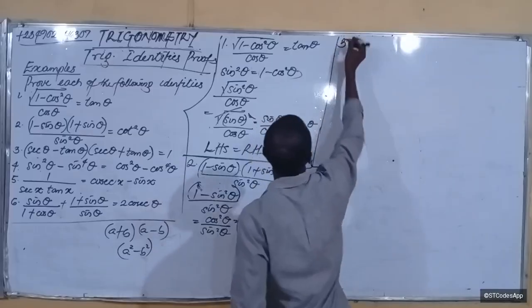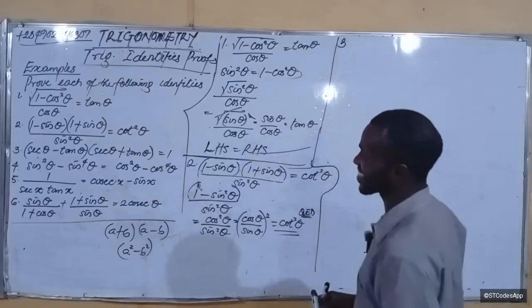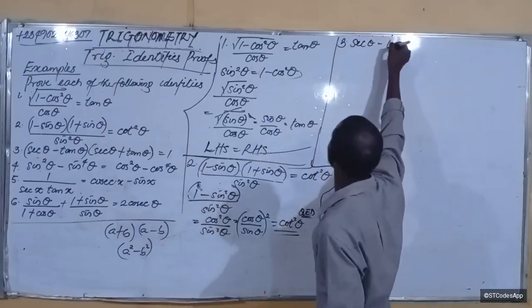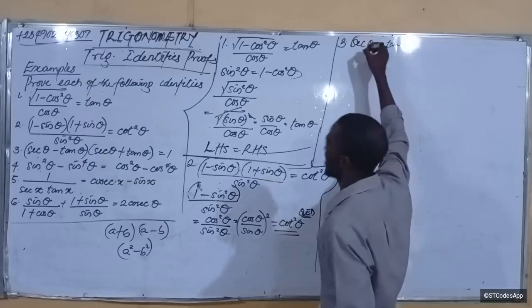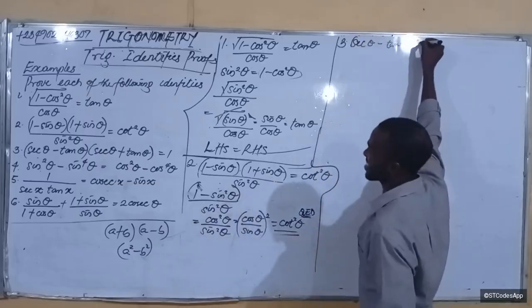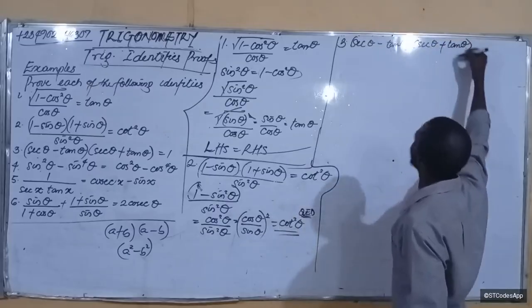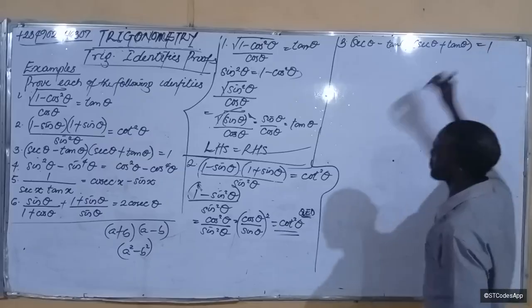So number three says that (sec theta minus tan theta)(sec theta plus tan theta) is equal to 1.